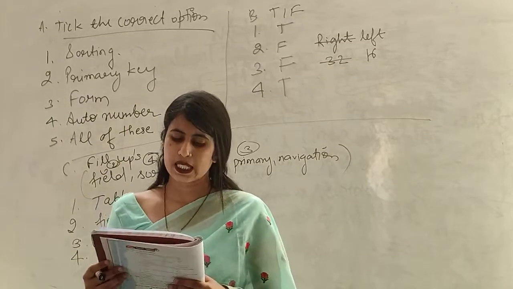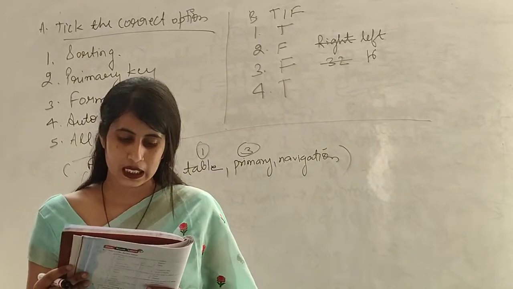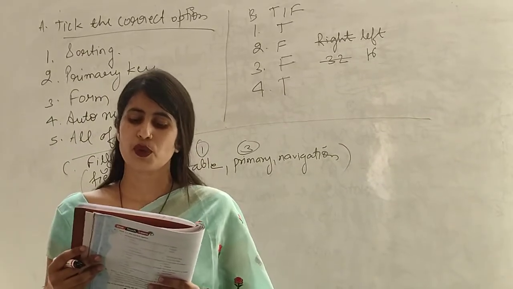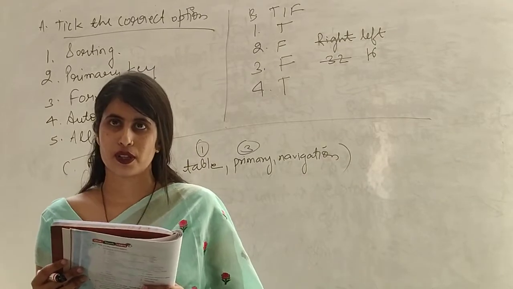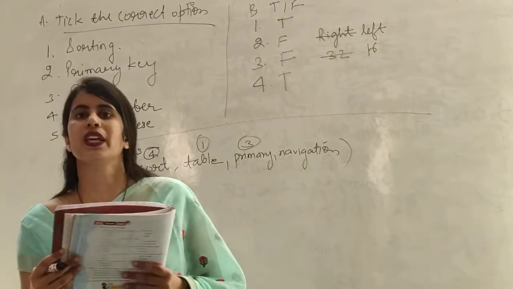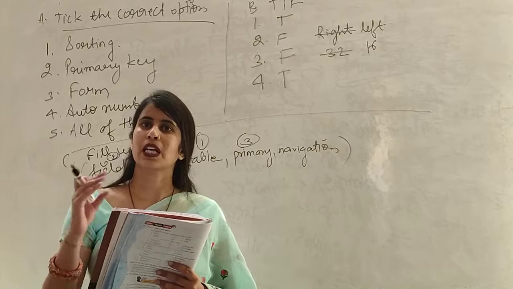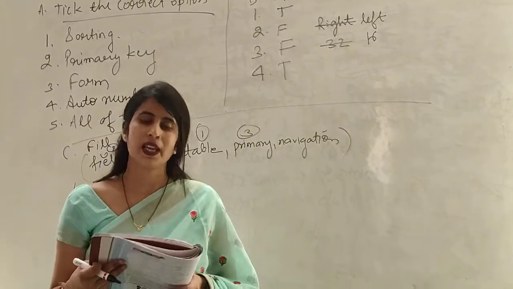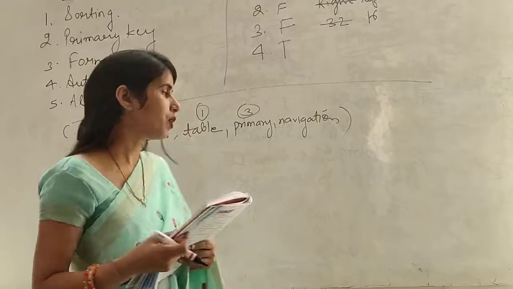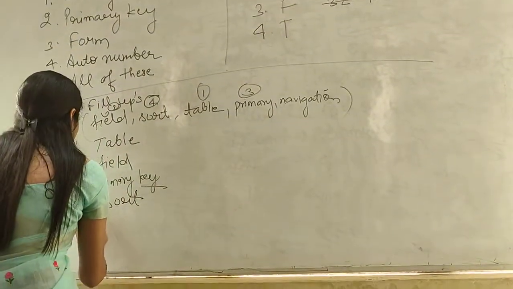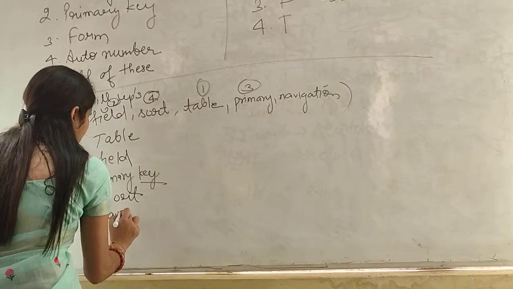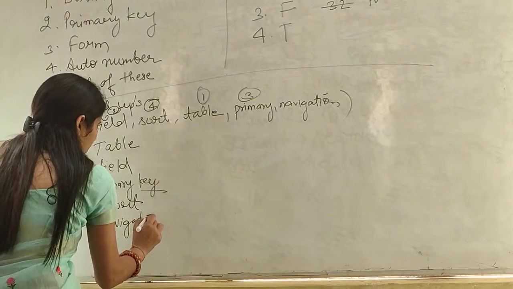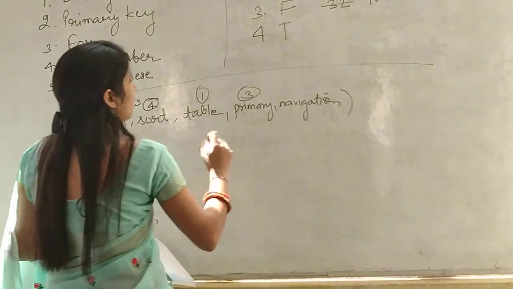The last one is: blank buttons are used to navigate through the records. It is asking how we can navigate through records. Navigate means how we can move from record to record. So the answer will be navigation buttons. Button is already present in the question, so you will write here navigation.